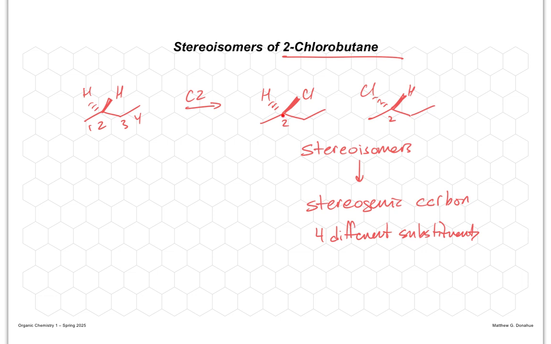So if we're standing on the carbon and we look out, we have chlorine, I'm going to use the whole thing, ethyl, methyl, H. So that's four different substituents. Now when we stand here, we look out, the chlorine's pointed a different way. Chlorine, methyl, H, and ethyl.